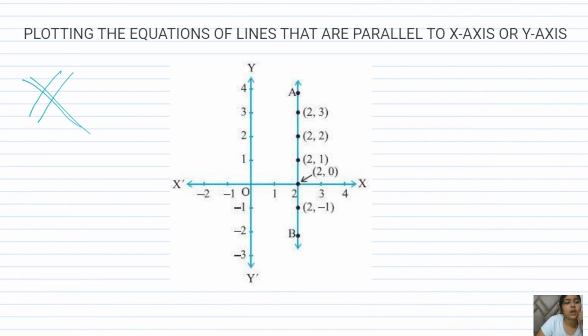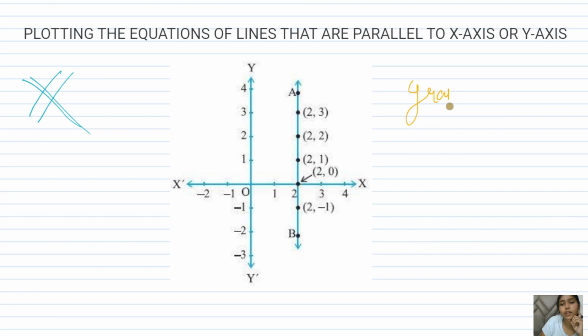This last topic is the same kind of graphical representation that we studied in the last slide. So what is different in this, and why are we going to study it? The difference is that we are plotting equations that are parallel to the x or y axis.